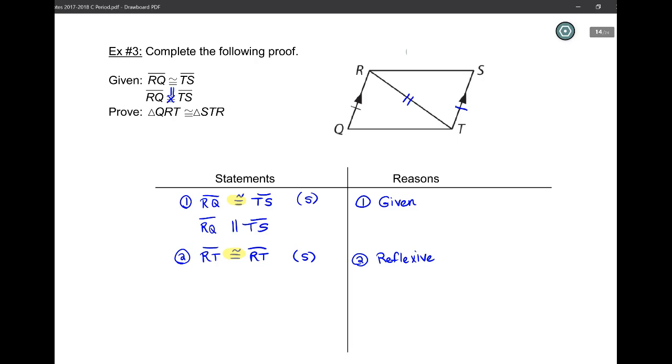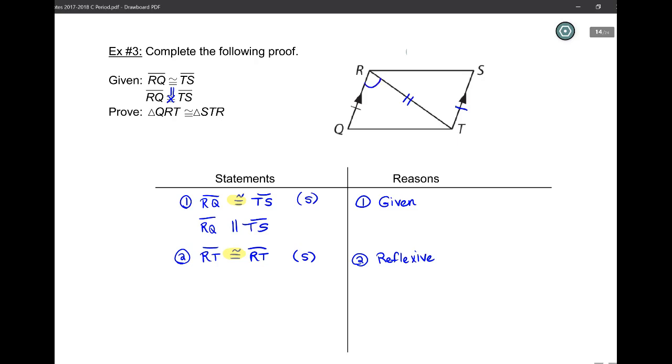Well, if we have parallel lines, then we know corresponding angles are congruent, alternate interior angles are congruent, alternate exterior angles are congruent, and consecutive interior angles are supplementary. So what we want to look for is a pair of those angles that will perhaps help us to prove the two triangles are congruent. And actually, alternate interior angles will be the one that will help here.